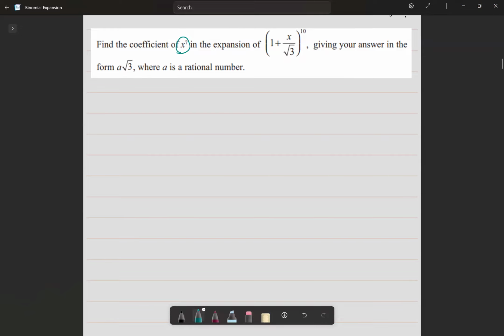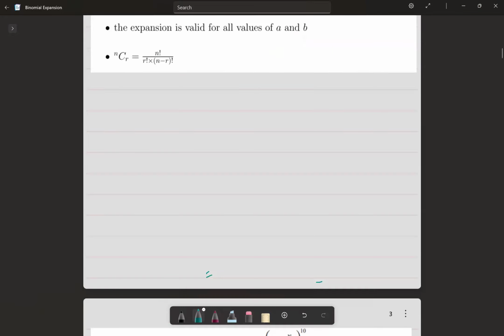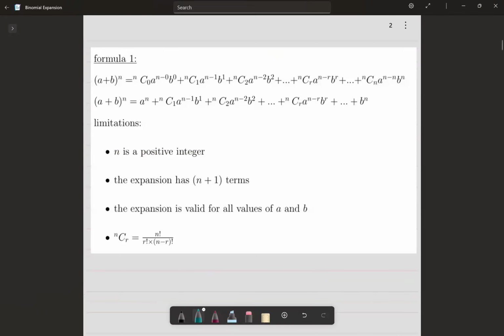So we know that if you look at the formula here, for the coefficient of x to the power 7, x to the power 7 was the second term. So whatever the second term has in power, that is what you write in the subscript in here.